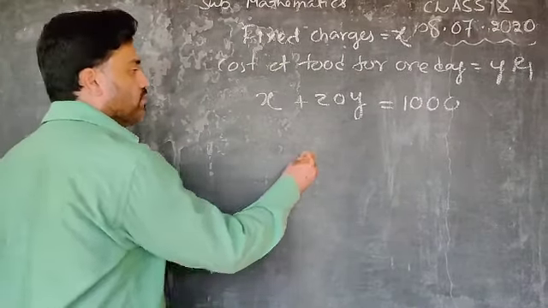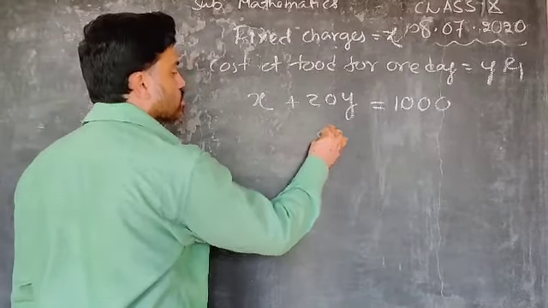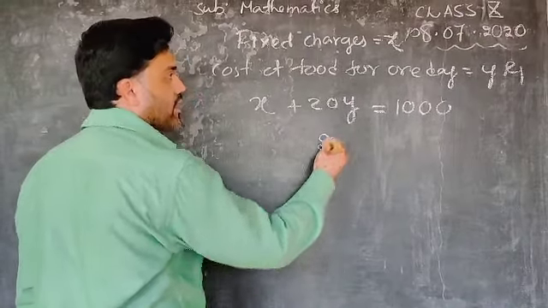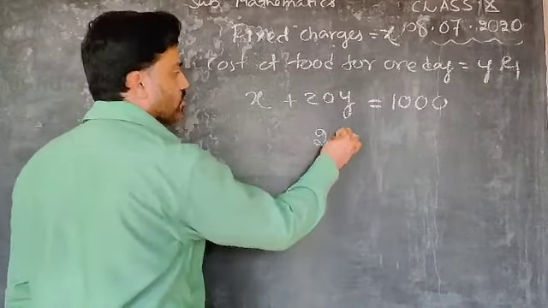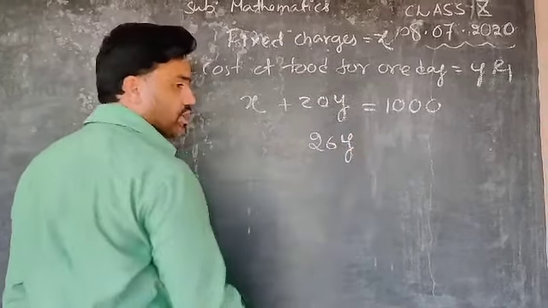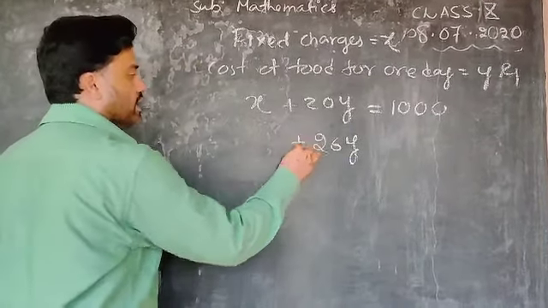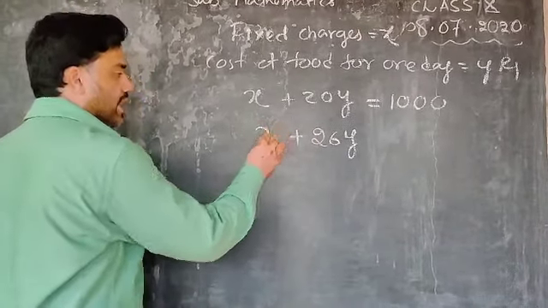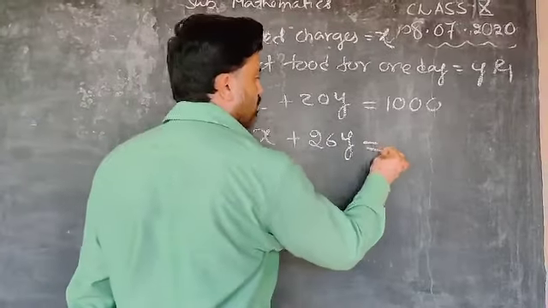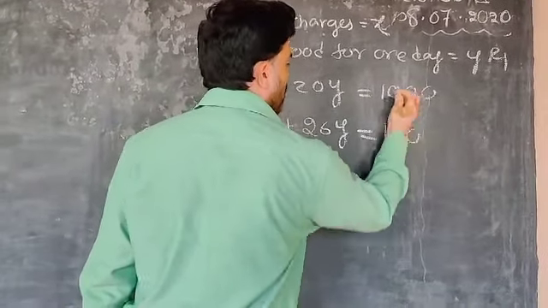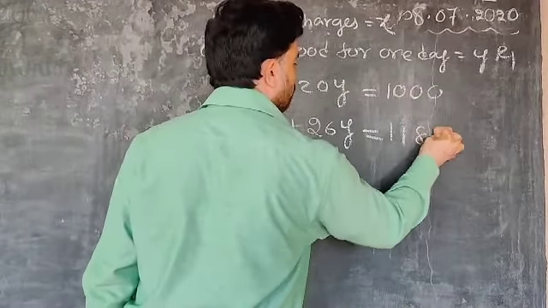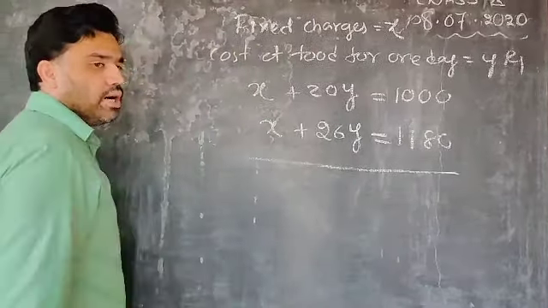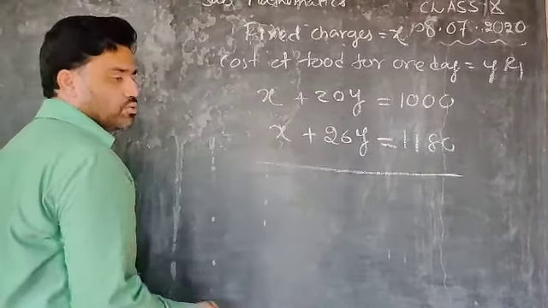Now let us look at student B. The amount paid is for 26 days. For one day the cost of food is y rupees, so for 26 days it is 26y, and the fixed charges is x, there is no change. But the amount he has paid is 1180. Now in both, the x coefficient is plus 1 only.